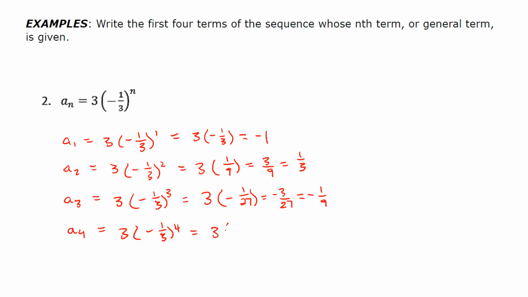Then we'll have 3 times 1/81, which is 3/81, which simplifies to a positive 1/27. So our first 4 terms are negative 1, 1/3, negative 1/9, and a positive 1/27.